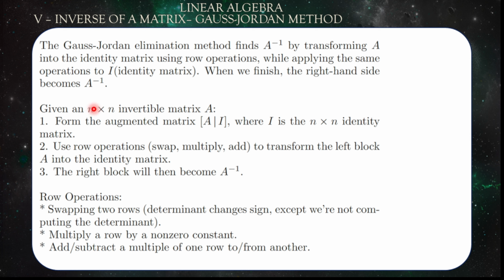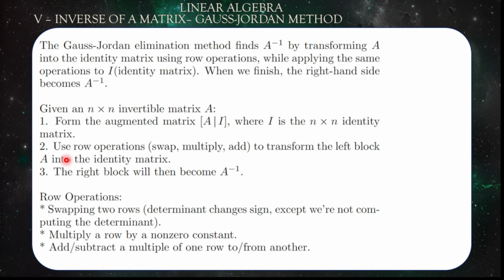Given an n by n invertible matrix A, at first you need to form the augmented matrix, or in other words, you place A next to the identity matrix of the same size. So let's say A is 3 by 3, 3 rows by 3 columns. So I next to it, separated by this line, would be 3 by 3.